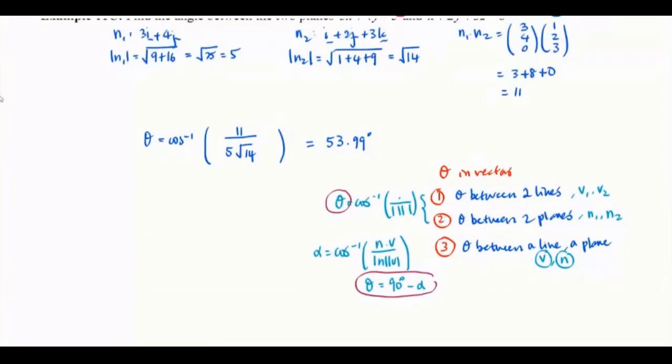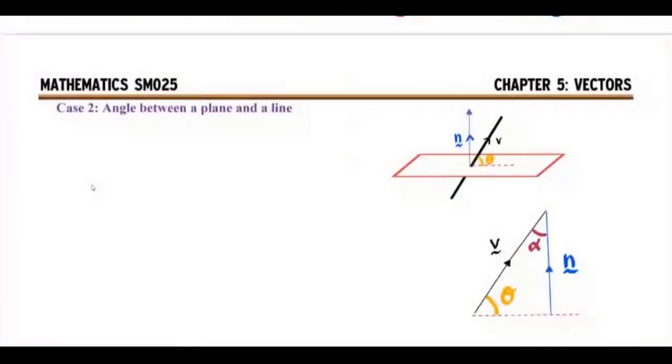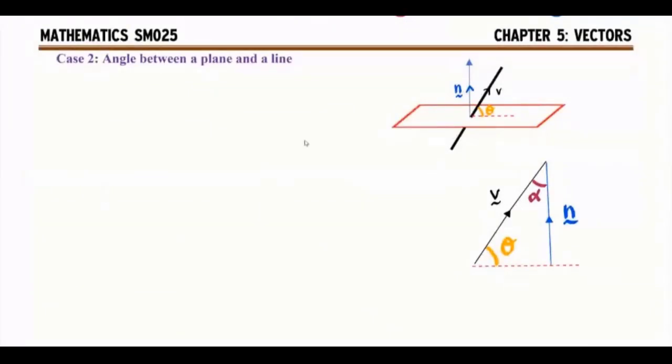Okay. So we go through for the theory here. Kenapa saya cakap tolak daripada 90 adalah based on the formula inverse cos, dia adalah alpha. Cos adalah adjacent of hypotenuse. So alpha adalah inverse cos of N dot V over magnitude N, magnitude V. Tapi kamu nak cari theta di sini.